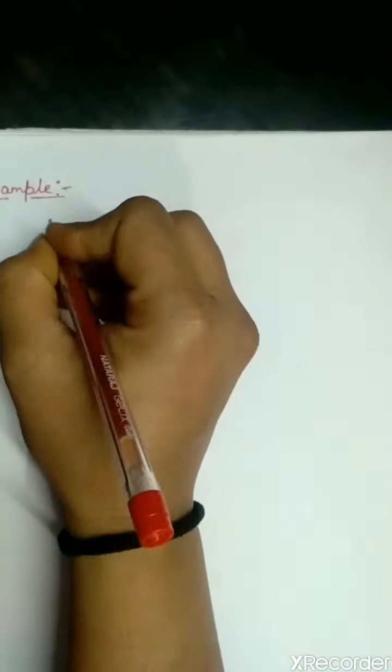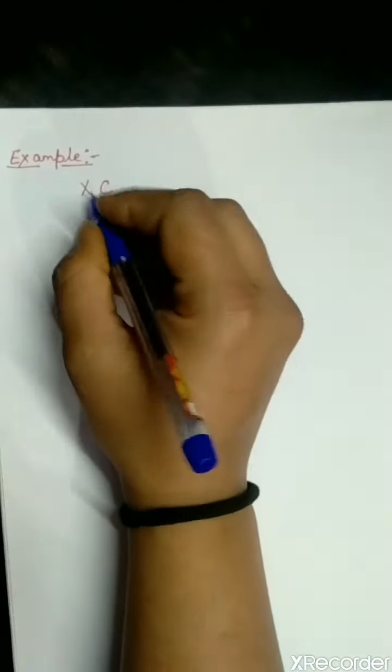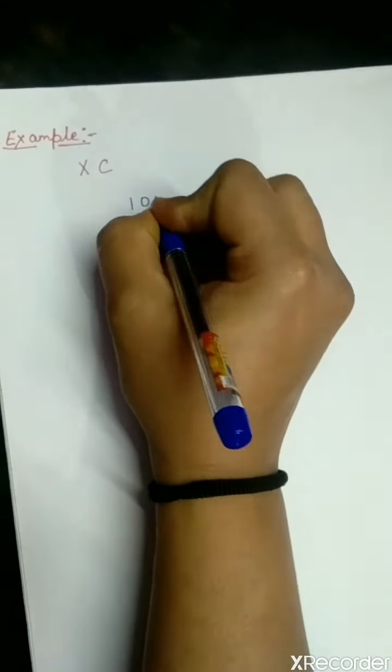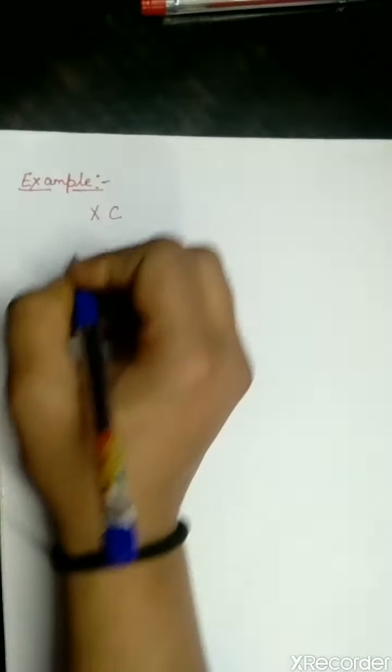Now let's do some more questions. Here we go. Take XC. How will we write XC? You people know what we call C. C represents 100, right? And X represents 10.